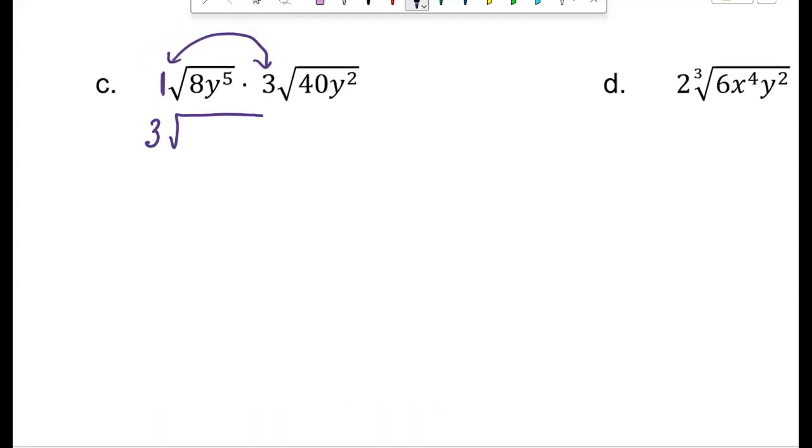And then we multiply underneath together. What's 8 times 40? That's 320. Awesome. Y to the 5th times y squared, y to the 7th. So we have to bring it all together first.